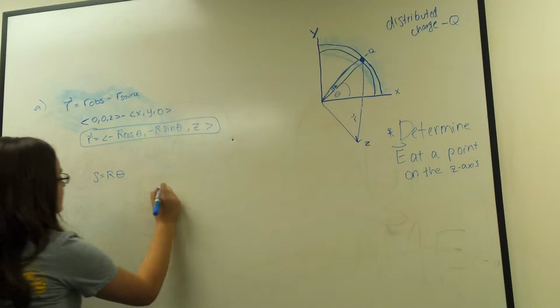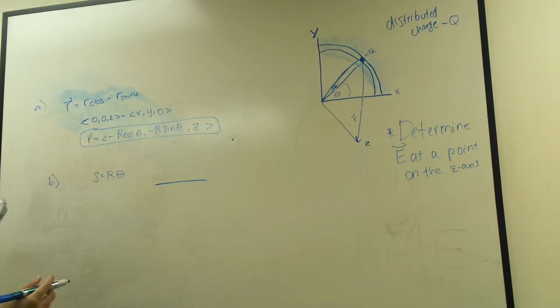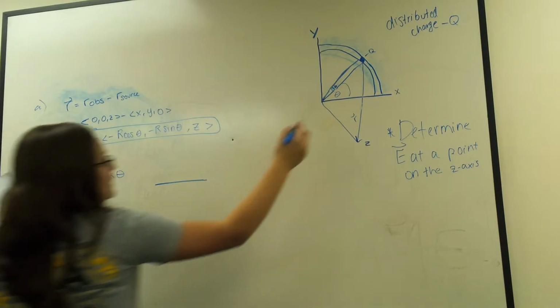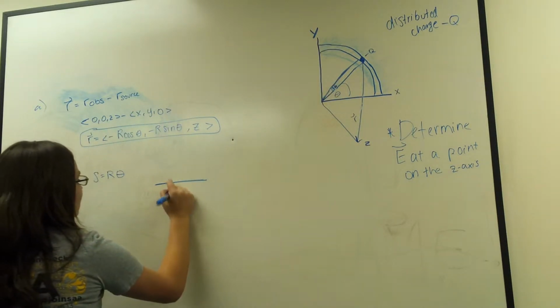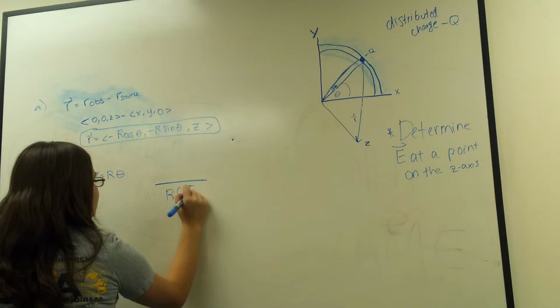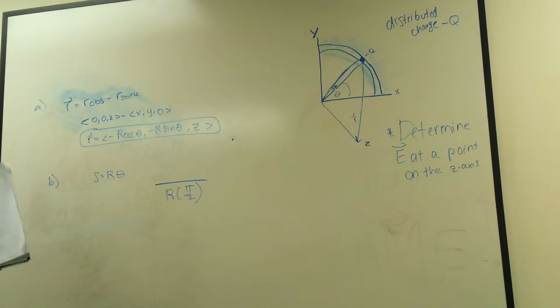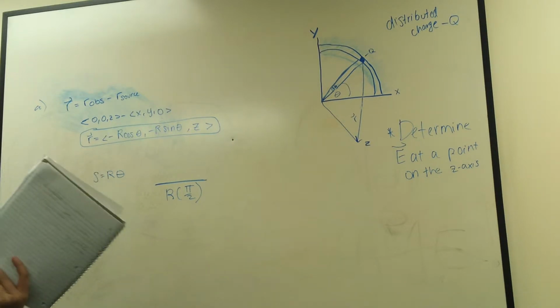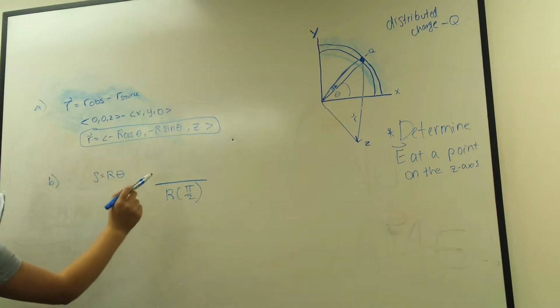The denominator is going to be the total length of the rod, which, since this is pi over 2, will be R, the radius, times pi over 2. And then on top, we're dividing the tiny piece of charge from this infinitesimal slice by the arc length.